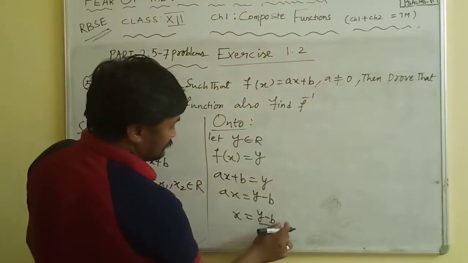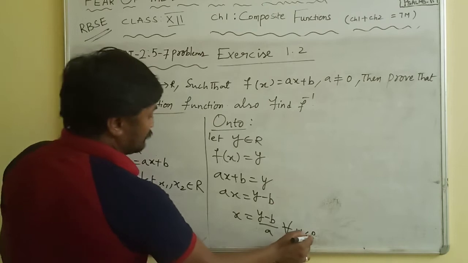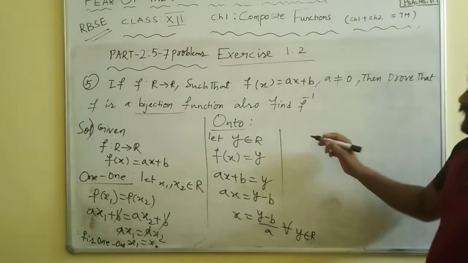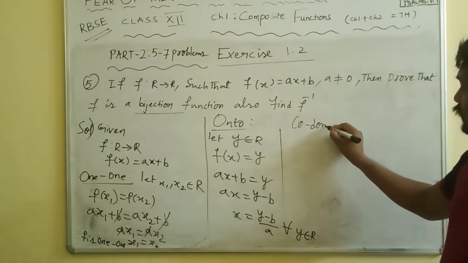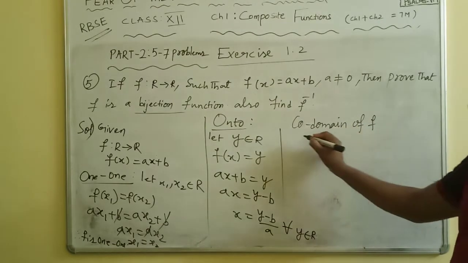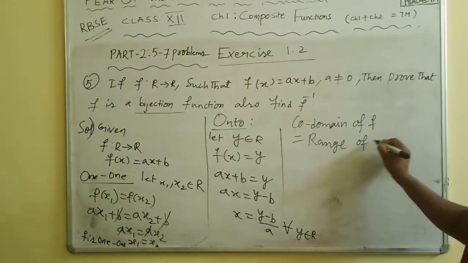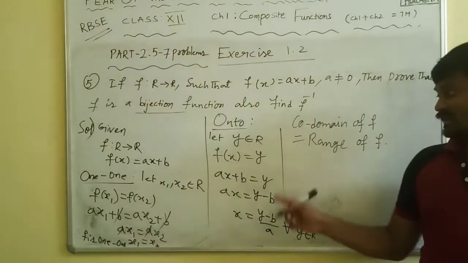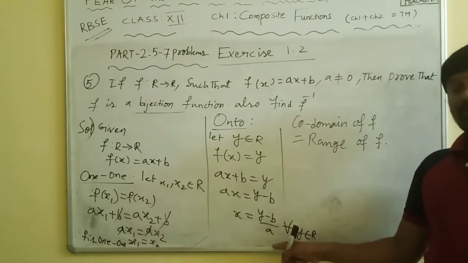So simply, for every y belonging to R, it means the codomain of f is equal to the range of f. If you want, wherever x is there in f of x, substitute y minus b upon a.